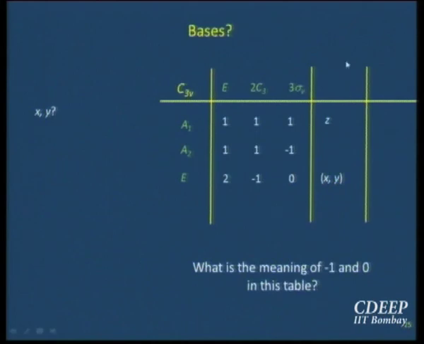Similarly, what about this 0? We had worked out these matrices also, right? Sigma V, remember? What was the matrix? As I said correctly, 0, 1, 1, 0 is the matrix. So 0, 1, 1, 0 means what? In the transformed coordinates, the original coordinates do not have any contribution in themselves.